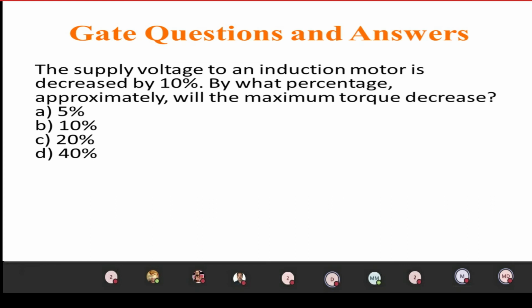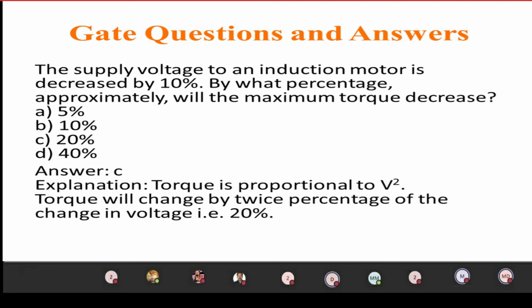By what percentage approximately will the maximum torque decrease? The torque is proportional to V squared. The torque will change by twice the percentage of change in voltage, that is 20 percent. So the balance things are not good, because when you decrease voltage by 10 percent, the torque decreases twice as much. So the answer is C.